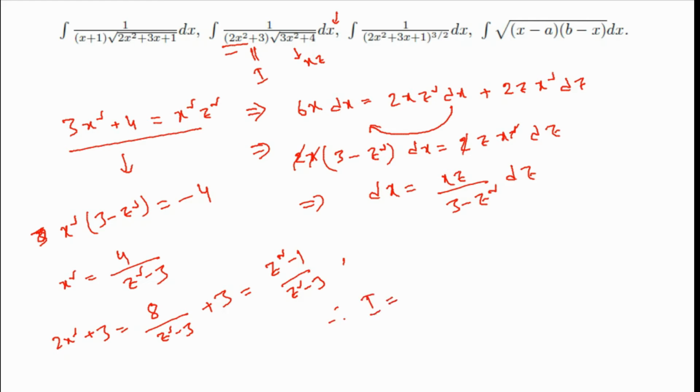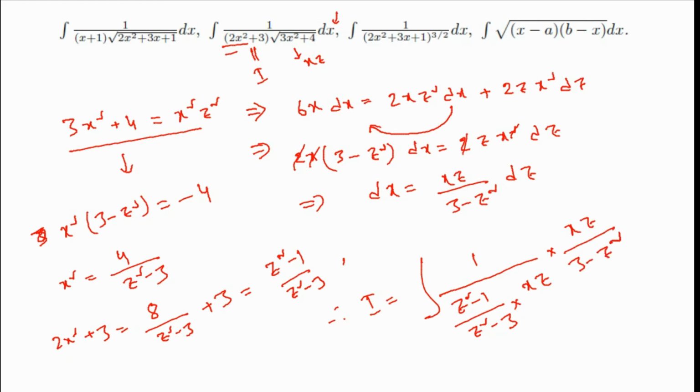Therefore I equal to integration 1 by (2x square plus 3), which will be (z square minus 1) by (z square minus 3) into, this is our xz, and dx will be xz by (3 minus z square) dz. xz will get cancelled, (3 minus z square) and (z square minus 3) will get cancelled, so ultimately there will be dz by (1 minus z square), and we can easily solve this one.